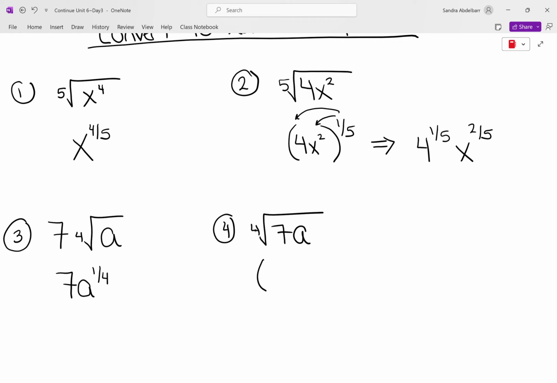Is this 4th root going to the 7 and the a this time? Yeah, so we could look at it as 7a raised to the 1/4, or what is it? 7 to the 1/4, a to the 1/4.